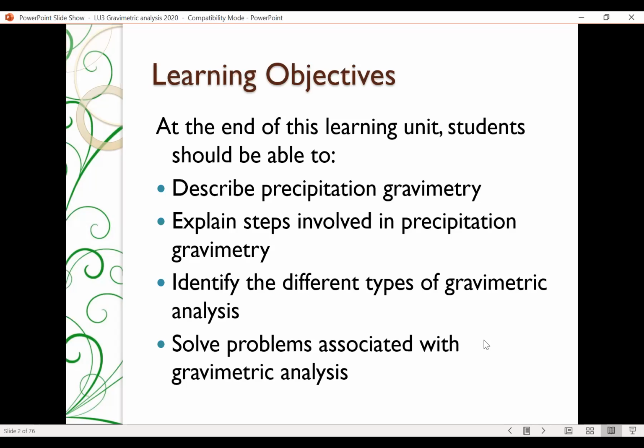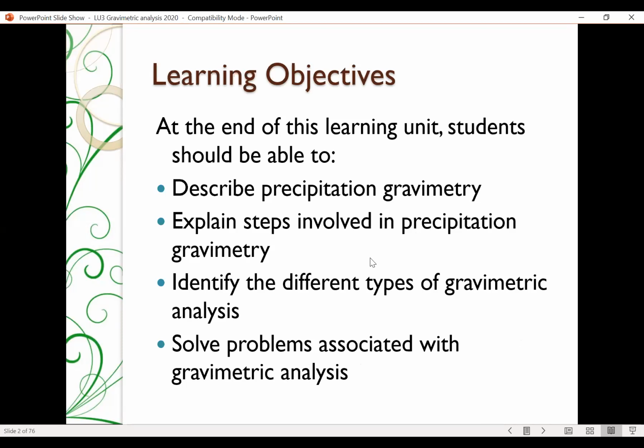Today, I'm going to cover the first three learning objectives. In our next lecture, next week, we will try to solve problems associated with gravimetric analysis.